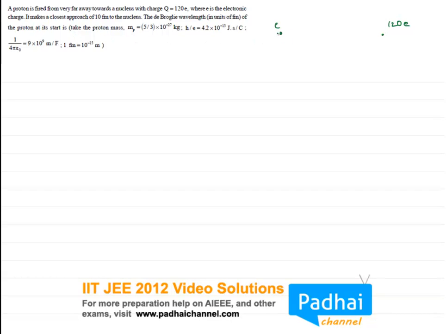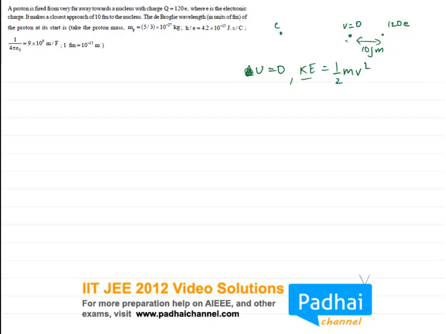So basically initially it was very far away, that means at an infinite distance. Now since it is very far away, potential energy will be zero, U will be zero at this point, right? U will be zero, not delta U, rather U will be zero, and kinetic energy will be there, which will be equal to half mv square. And finally at the distance of closest approach, when it is 10 FM, its velocity should become zero, otherwise it should still be moving, right?